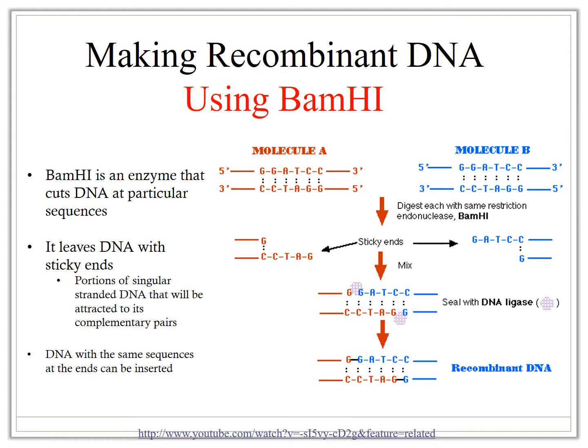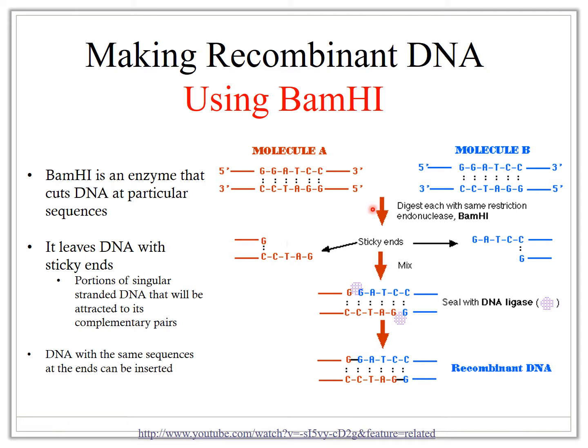One such enzyme is called BamHI. This BamHI is the name of the enzyme. This enzyme can cut DNA at particular sequences. Once the DNA has been cut, it leaves sticky ends. These are portions of single-stranded DNA that will be able to be attached to other sticky ends, other complementary pairs.